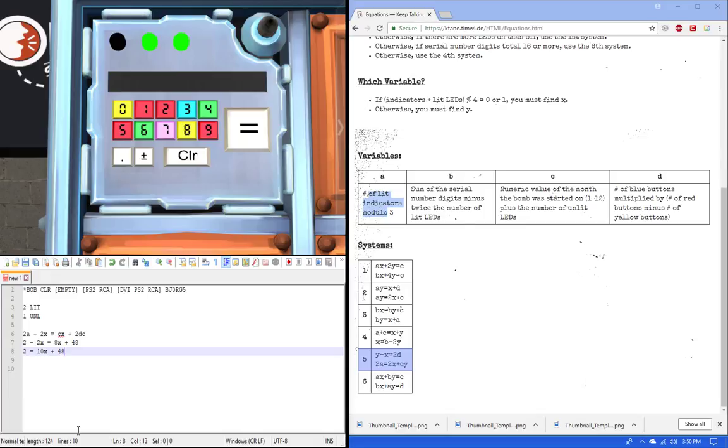Then we're going to subtract 48 from 2. So this is going to be negative 46 equals 10x. And then we divide 10 on both sides. So negative 46 divided by 10 is going to equal x. So that's going to be negative 4.6. And that should be it.